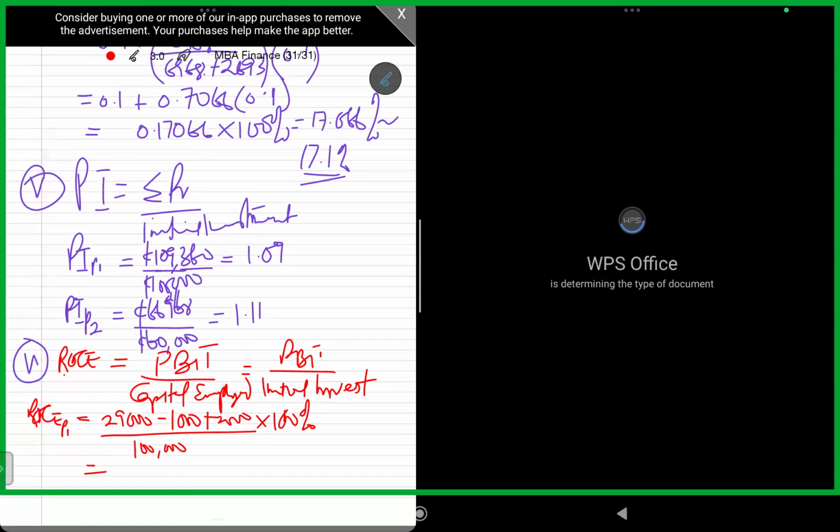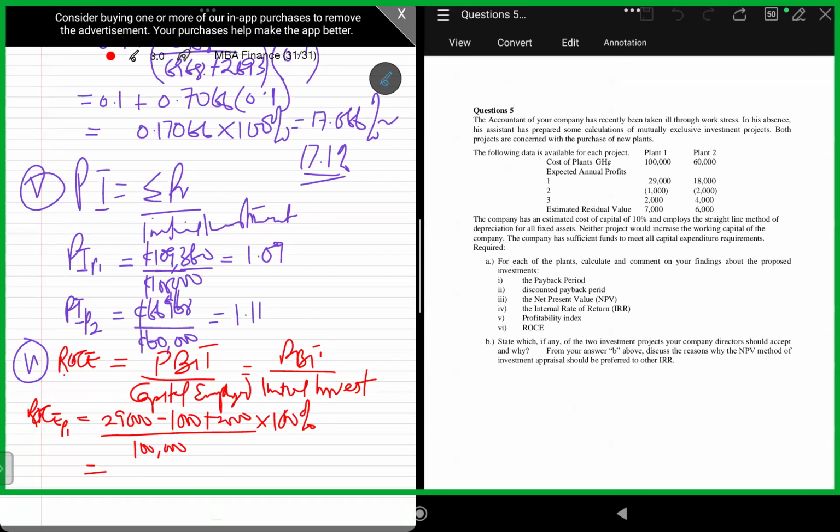That gives us 0.3 times 100. I said whenever I multiply, don't bring the percentage on the calculator.